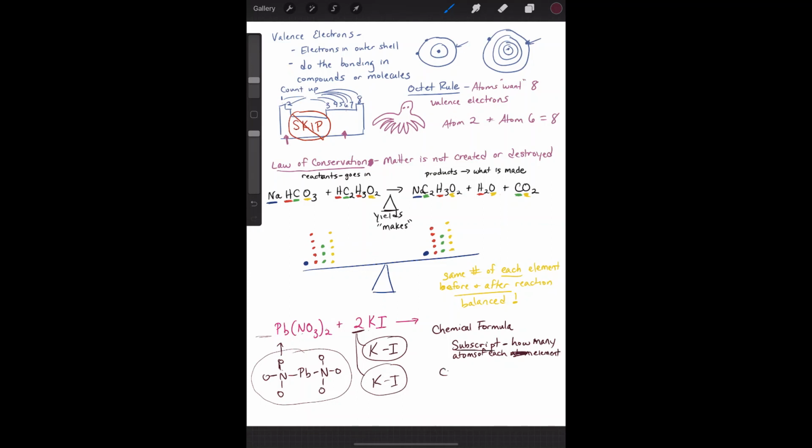And then the coefficient tells us how many molecules of that compound you have. So that gives us a little bit. We've covered a fair amount now of all the things that we need to know about atoms and the periodic table.